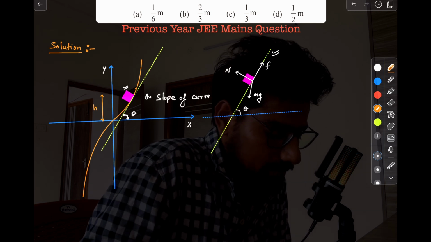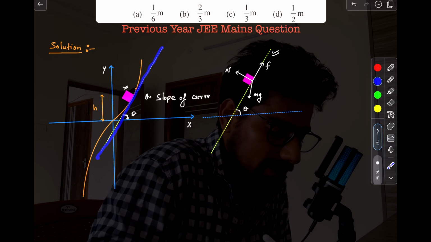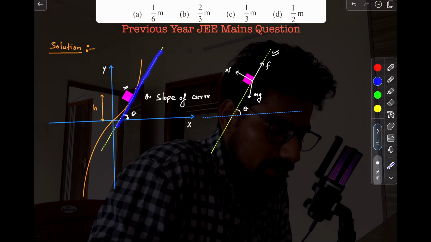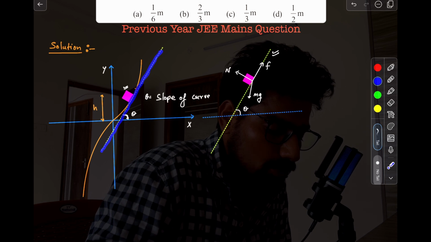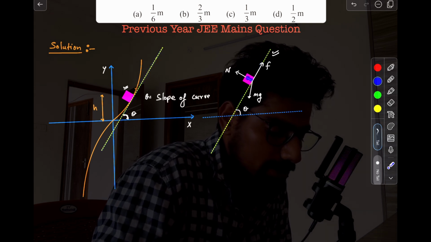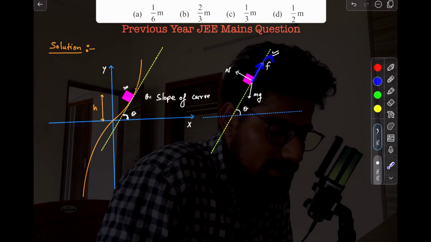Why I am drawing this tangent is because if we draw a tangent, then the contact surface at this point will be in the tangential direction. So for the contact surface we can take this tangent, and normal to the contact surface, this normal will act. And along the contact surface in the upward direction friction will act.